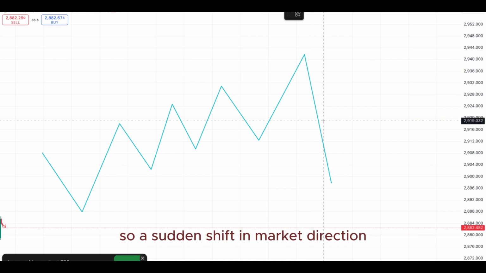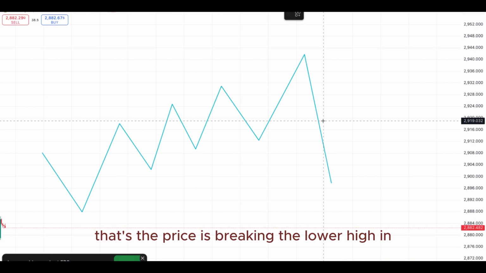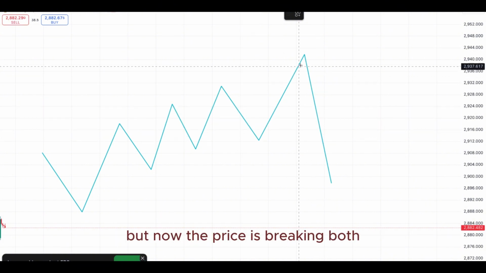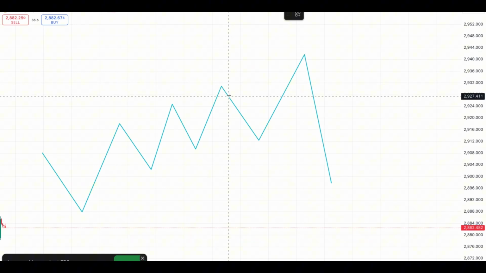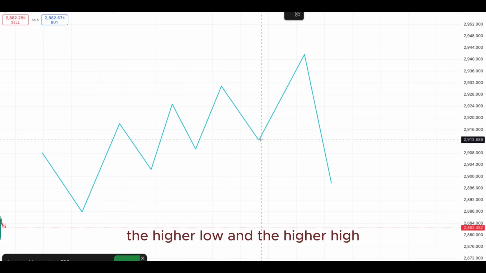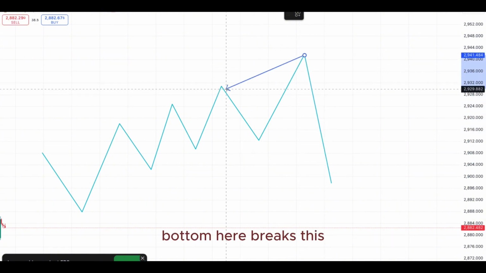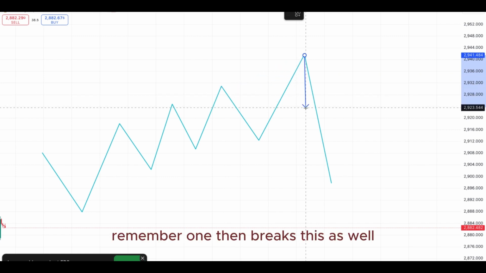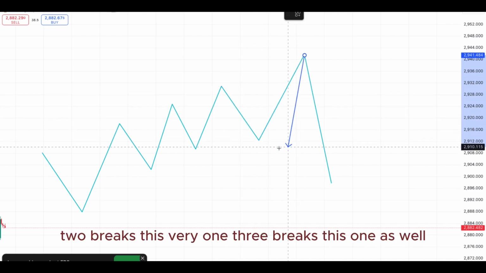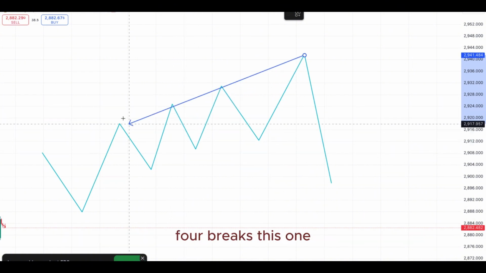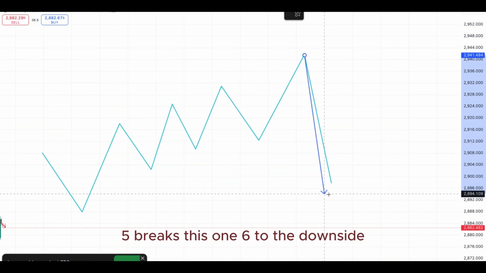So a sudden shift in market direction, where the price is now breaking both the higher low and the higher high. So the current price is coming to the bottom here, breaks this, 1, then breaks this as well, 2, breaks this one, 3, breaks this one as well, 4, breaks this one, 5, breaks this one, 6, to the downside.